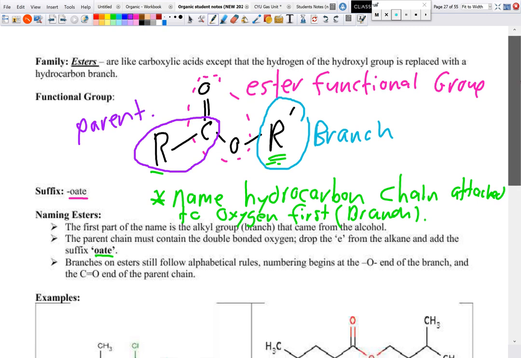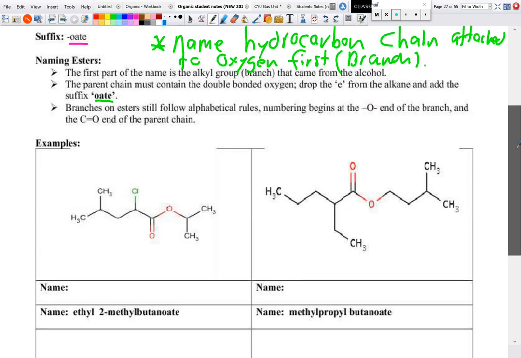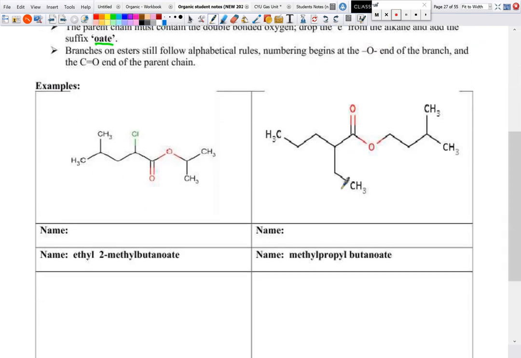So let's actually look at naming a few anyway, and we'll see how it works out. We have our first one right here. As I mentioned before, the carbons attached to this oxygen right here, this part is considered my branch, and all this down here is considered my parent chain.